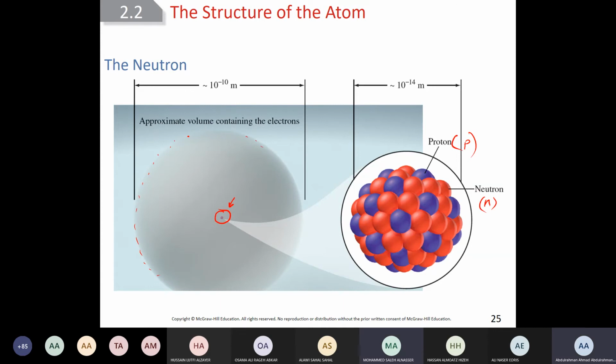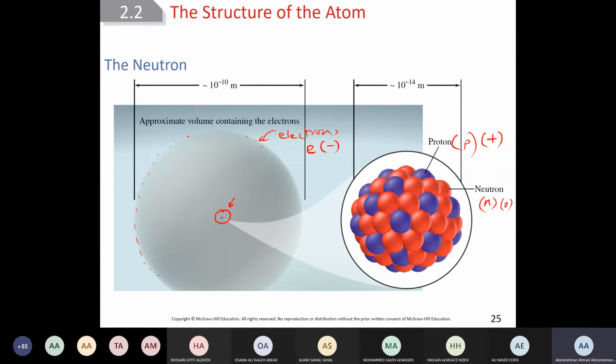Electrons. Negative. Around the nucleus, E. What's the charge? Negative. What's the charge of protons? Positive. Positively charged. Okay. Neutrons, no charge, of course.